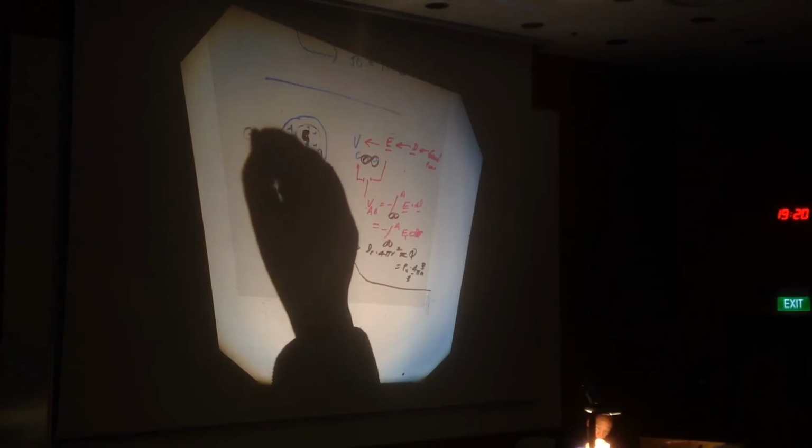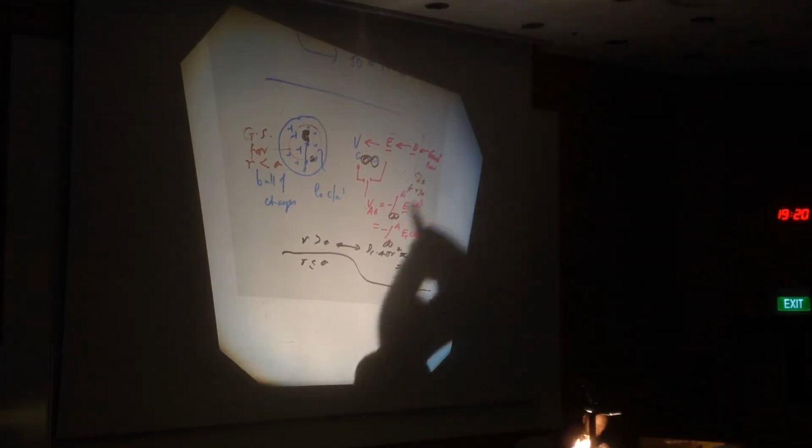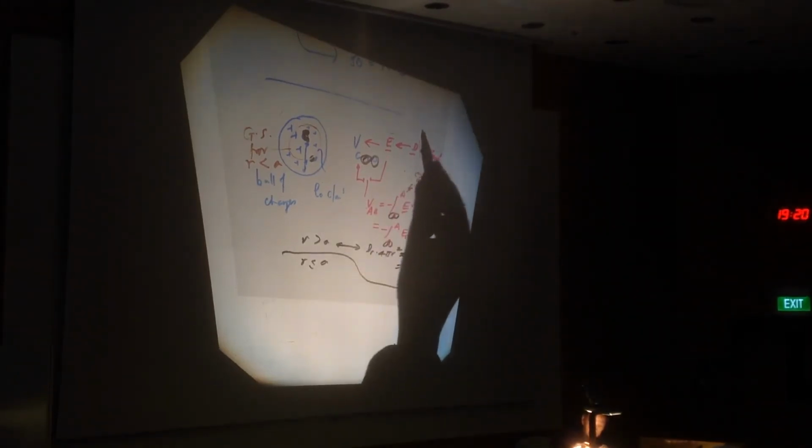Gaussian surface for R less than A. Outside there, Gaussian surface for R greater than A.